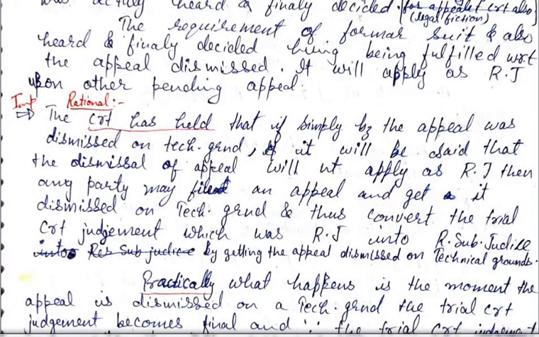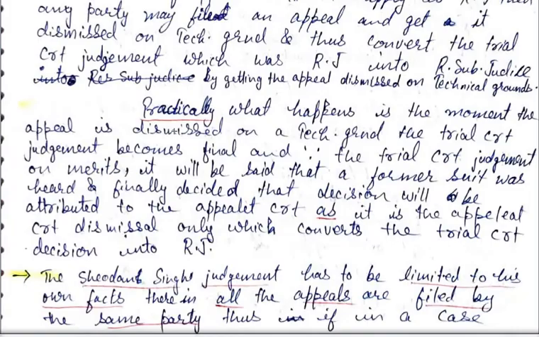So right, the court has held that if simply because the appeal was dismissed on technical ground, it will be said that the dismissal of appeal will not apply as res judicata, then any party may file an appeal and get it dismissed on technical ground and thus convert the trial court judgment, which was res judicata, into res sub judice by getting the appeal dismissed on technical grounds. Now next paragraph, right?